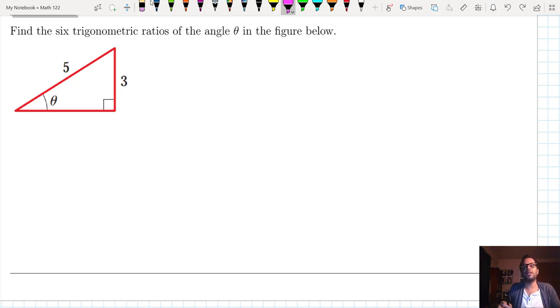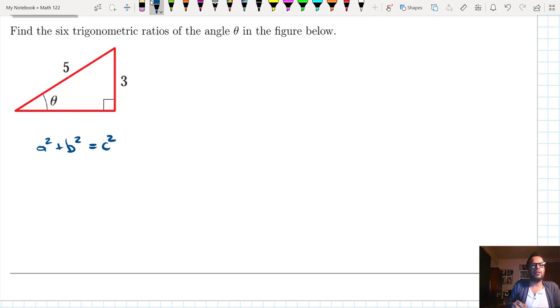However, we seem to be missing one piece of information. We don't know the length of the adjacent side. So we need to figure that out. Notice we have a right triangle and we are given one of the sides and the hypotenuse, so we can use the theorem that relates the three sides of a right triangle, the Pythagorean theorem, which says a squared plus b squared equals c squared.